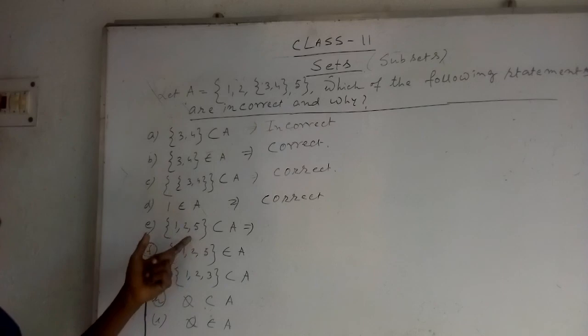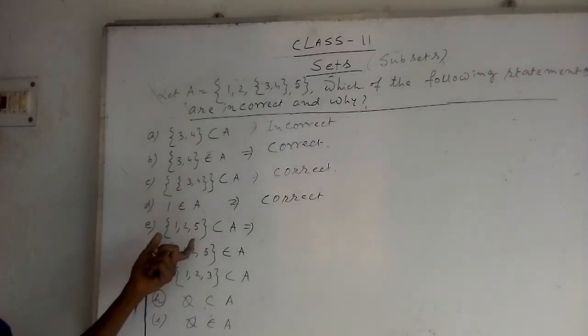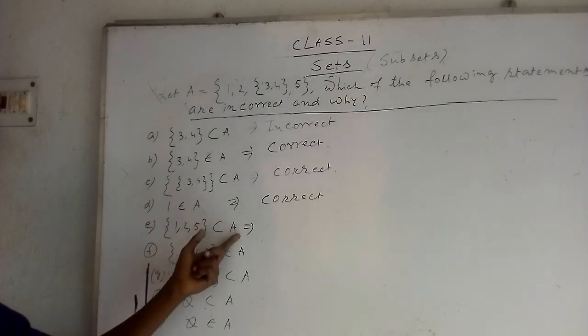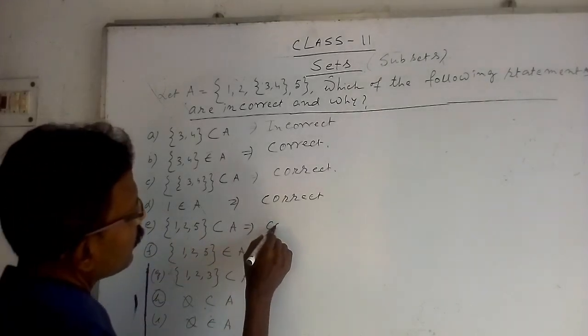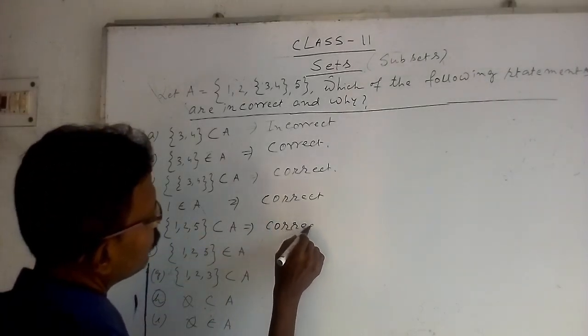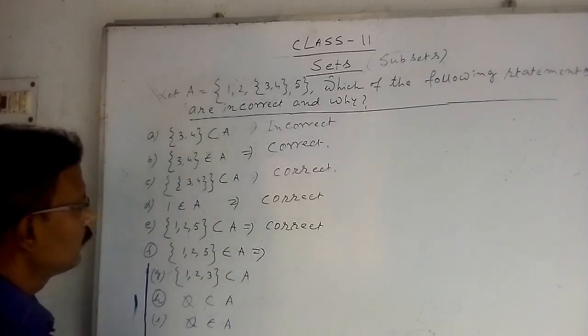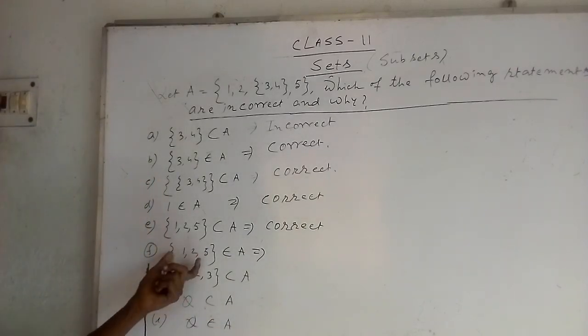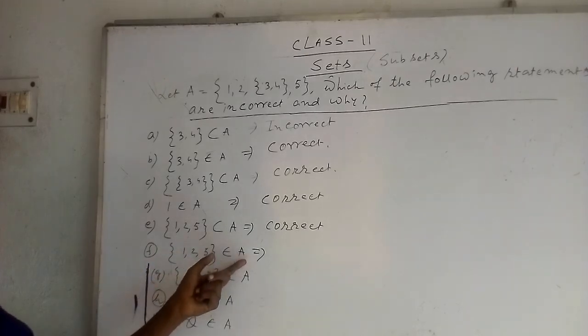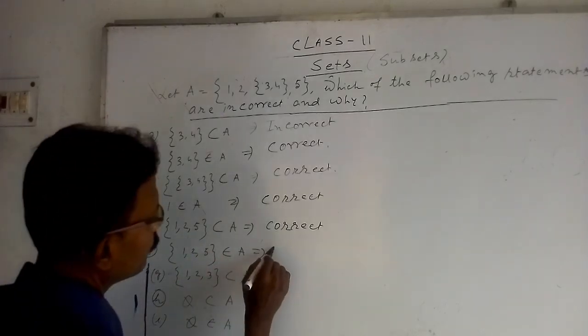Yes, {1, 2, 5} within second bracket is a set, and certainly it is a subset of A. This is a correct statement. Now {1, 2, 5}, within second bracket this is a set, belongs to a second set. This is not possible. You cannot put the belongs to sign between two sets. Therefore this is an incorrect statement.